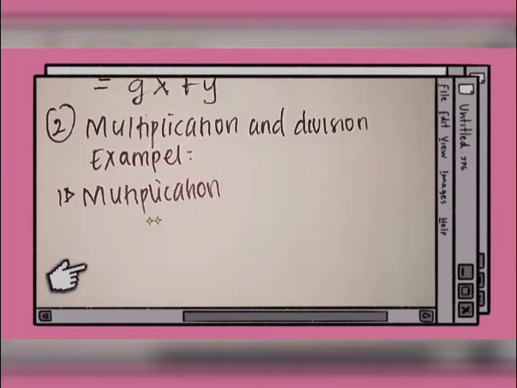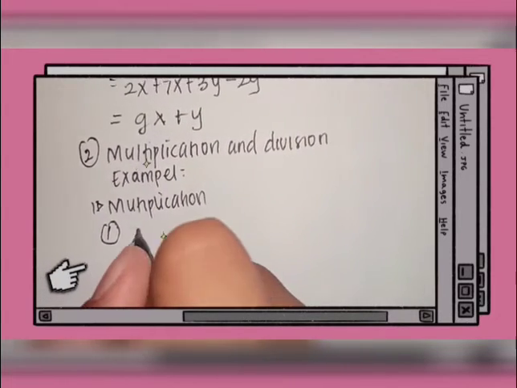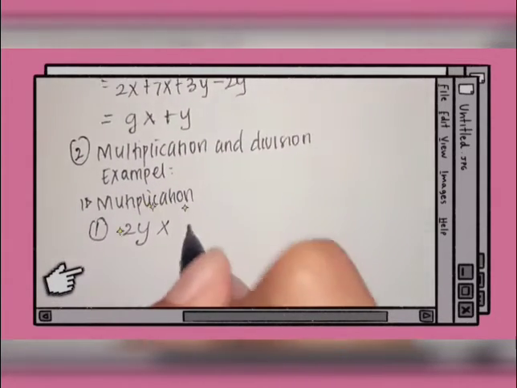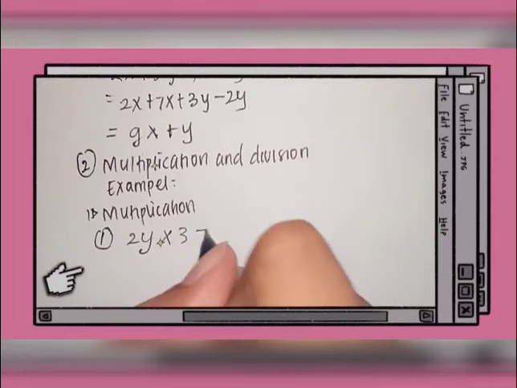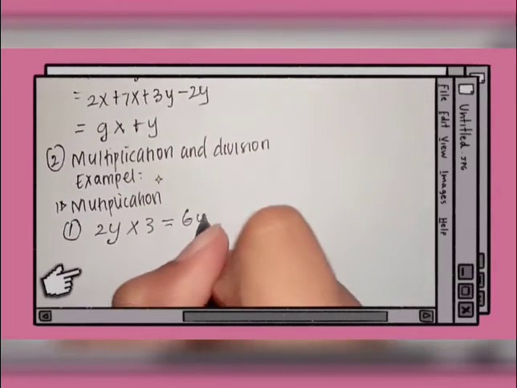Multiplication example. Number 1, 2y times 3 equals 6y.